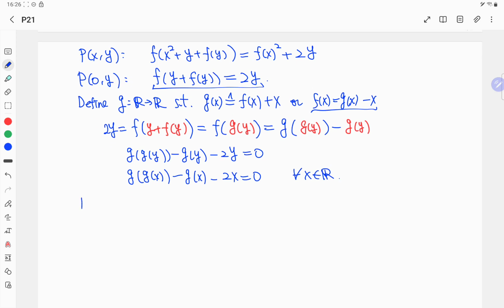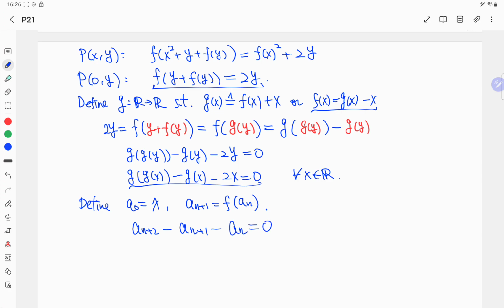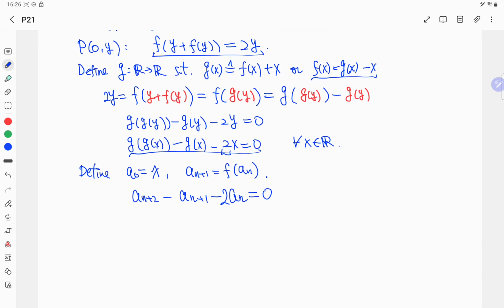Here we can also define a0 to be x, and then a(n+1) equals g of a(n). So in such a way, from this one and this definition, we will have a(n+2) minus a(n+1) minus 2a(n) to be 0. Sorry, 2a(n), because we have a 2 here.